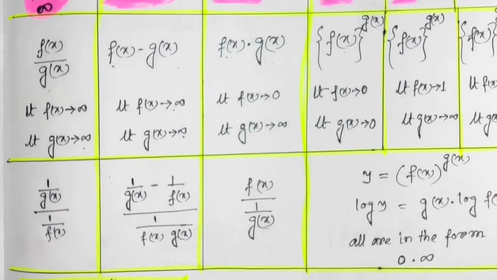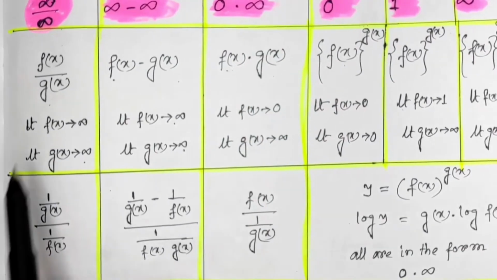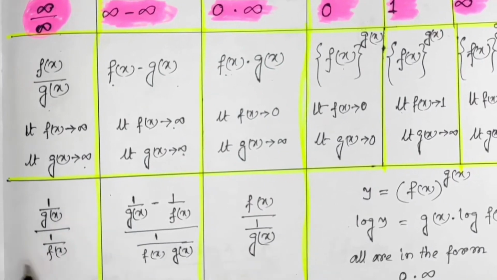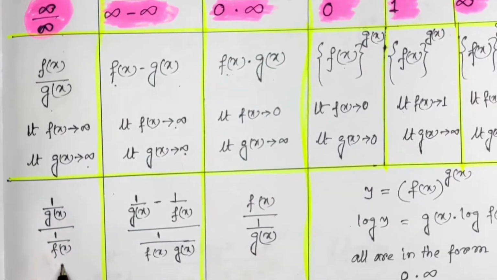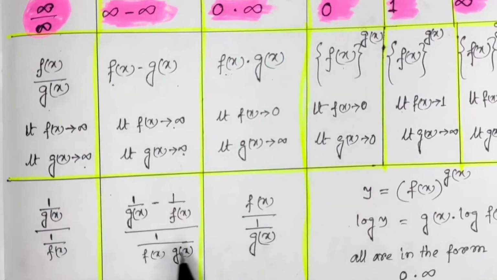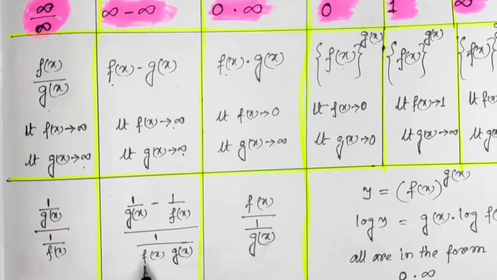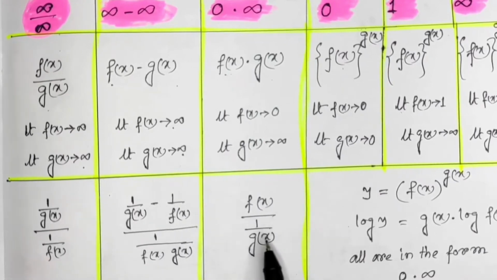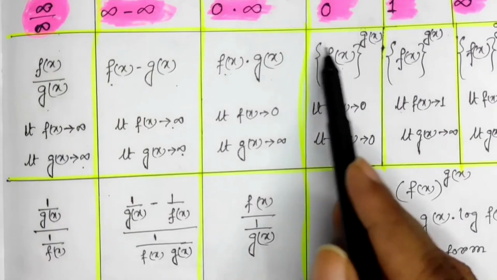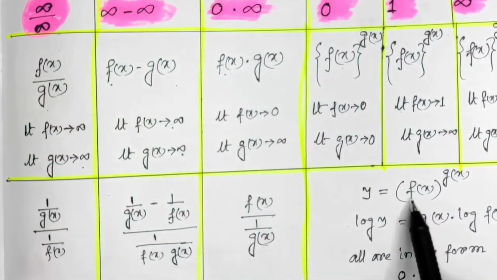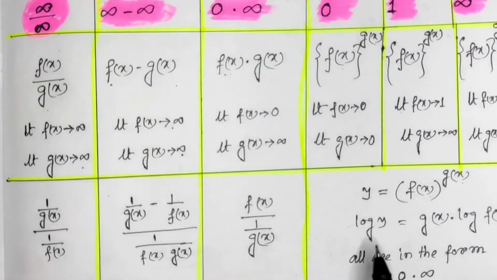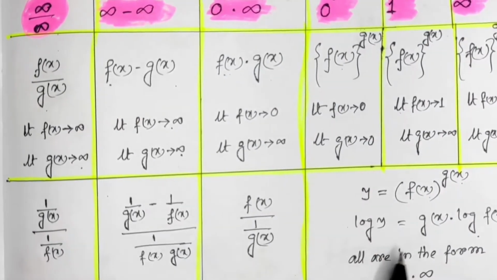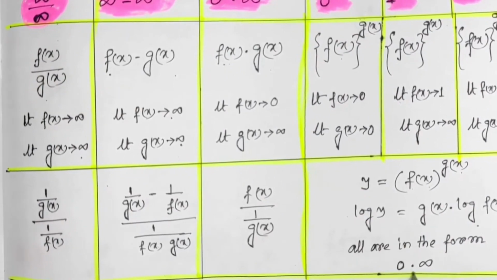After getting this way, what will we do here? If it is in the infinity by infinity format, then we can always convert the function in this way to get our 0 by 0 format. Similarly, if it is infinity minus infinity, then we convert the function into the 0 by 0 format by this transformation. For 0 into infinity, this is the transformation. For f(x) to the power g(x), we take log on both sides, so that we get this type of form, which is definitely in the form of 0 into infinity.